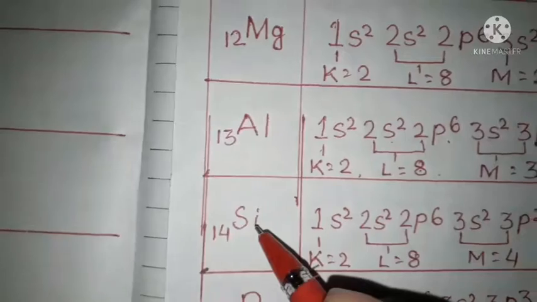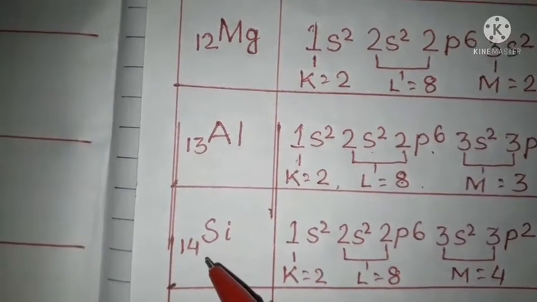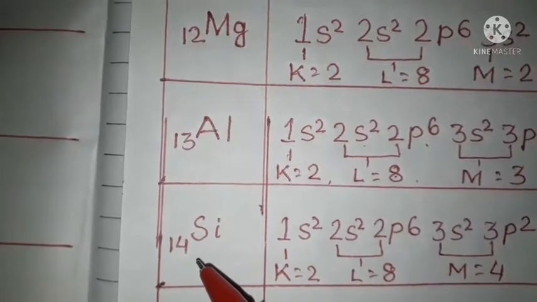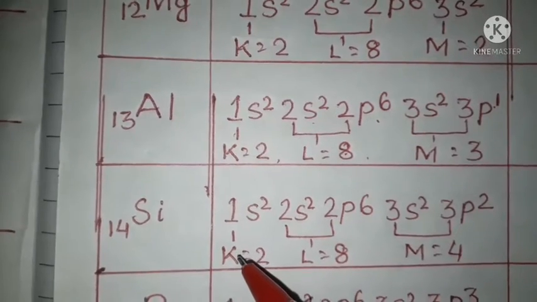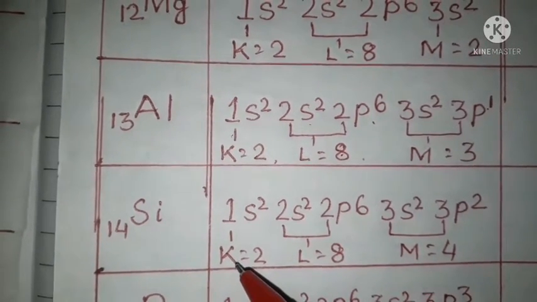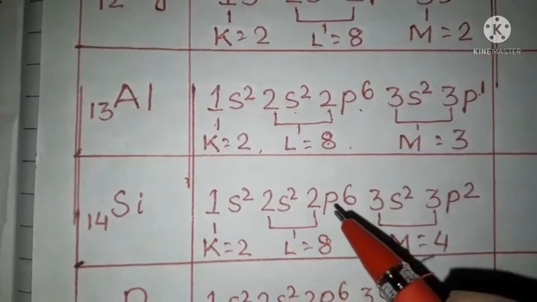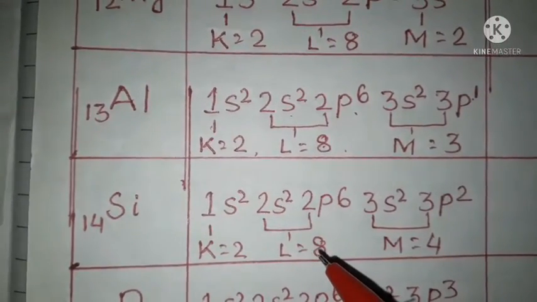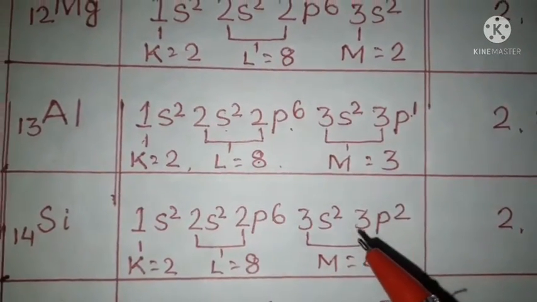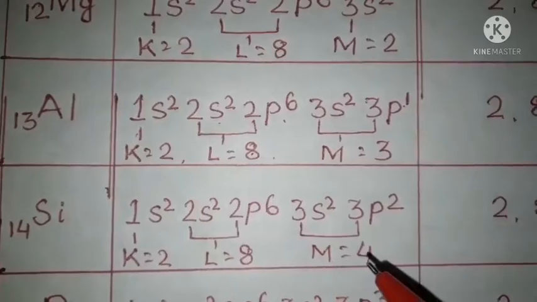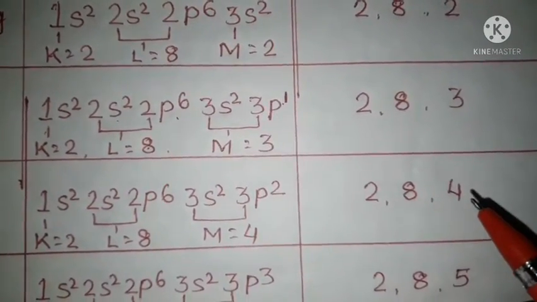Now next, silicon, in which Z of silicon is 14. So we write 1s2, in which K shell only 2 electrons are present, and 2s2 2p6, that means L shell in which 8 electrons are present, and 3s2 3p2, in which M shell 4 electrons are available. So we write 2 8 4.